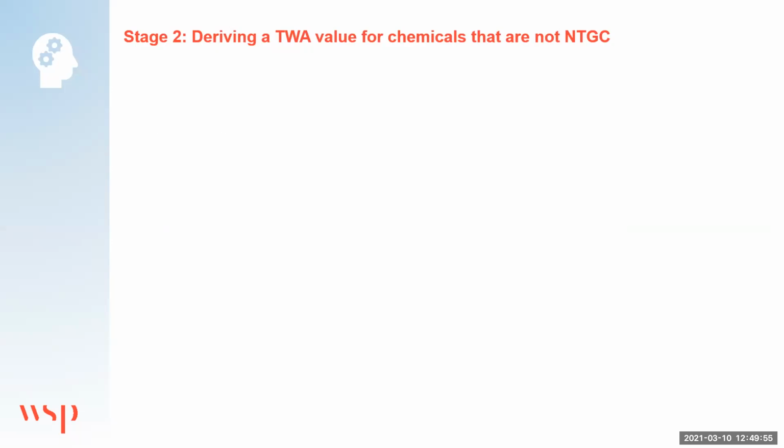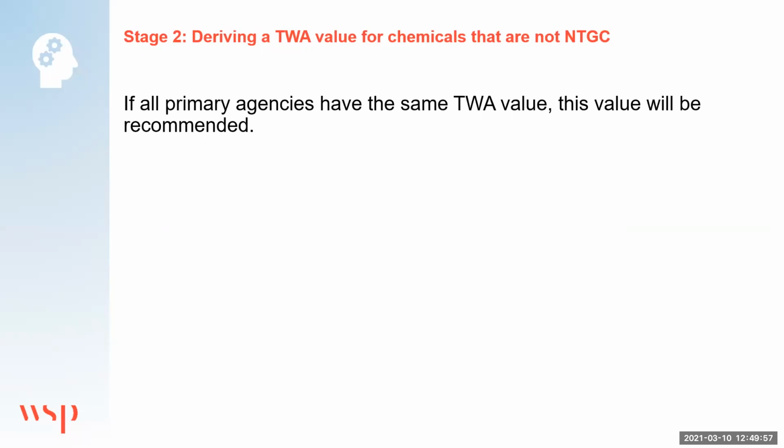What I'm about to present here is the summarized instructions from the guidance material and the flowcharts. So this is how we derive a TWA value for chemicals that are not non-threshold based genotoxic carcinogens. If all the primary agencies, the primary sources that we mentioned before, have the same TWA, now we're just dealing with TWA, we're not looking at the acute values yet, the STEL, the peak, that value will be recommended and put forward.